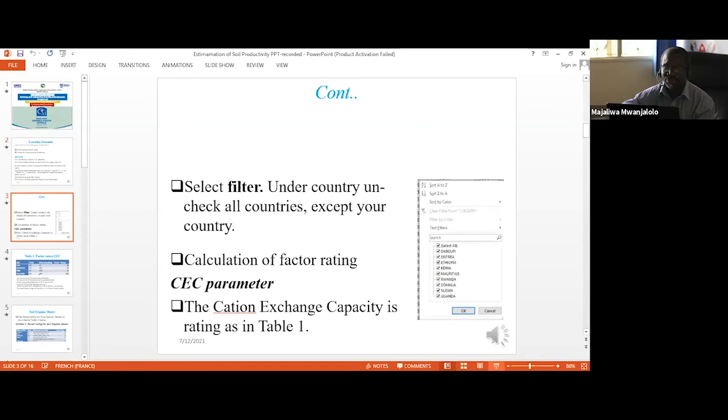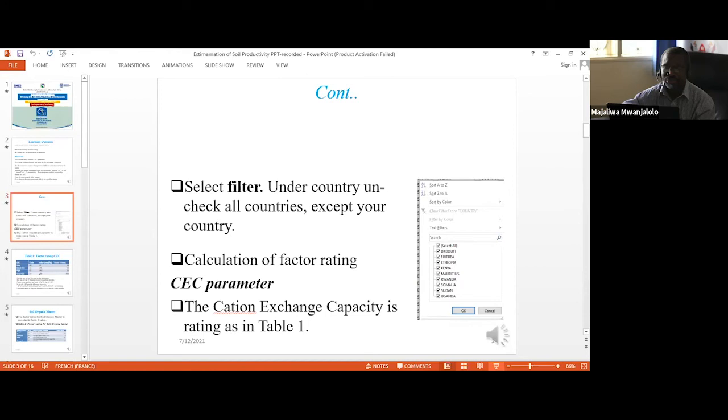For example, if you want to use CEC as a parameter, the first thing, because we want you to do it for your country, is that you filter your country among all the countries.